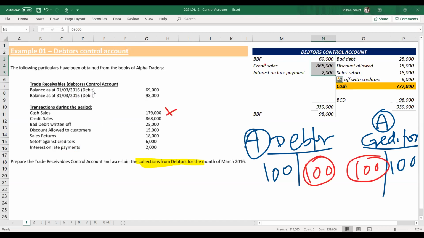So this is what we call set off. Debtor against creditors. So that will be credited to debtors account and debited to creditors account.